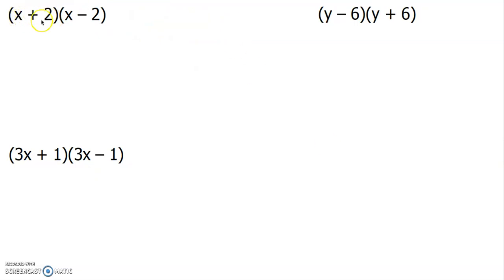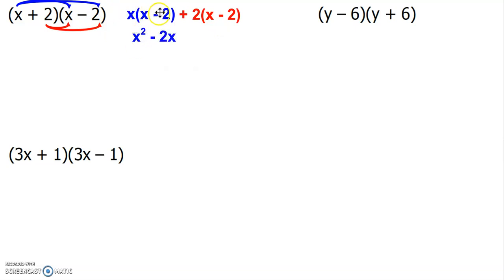Okay, next we have x plus 2 being distributed across x minus 2. So we have x times x minus 2, and then the 2 times the x minus 2. So x times x becomes x squared, x times negative 2 becomes negative 2x, plus 2 times x is 2x, 2 times negative 2 is negative 4. Notice what happens here in the middle on this one.